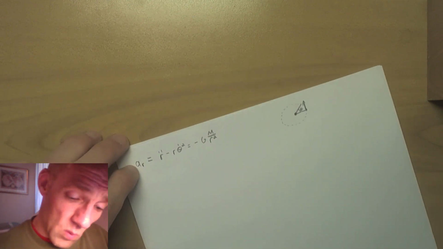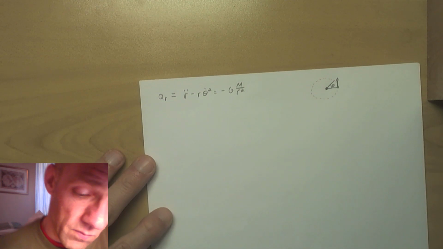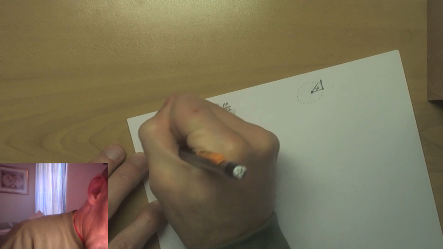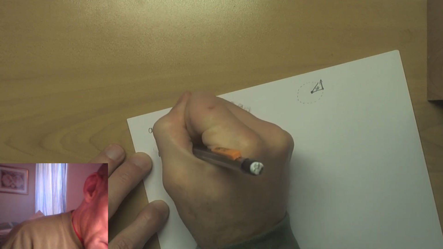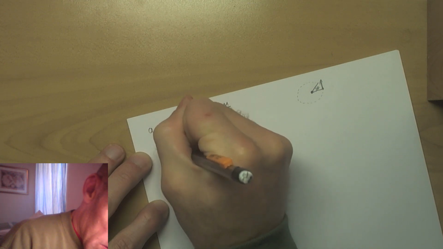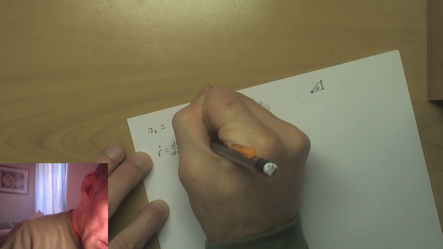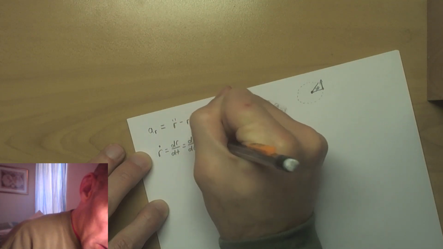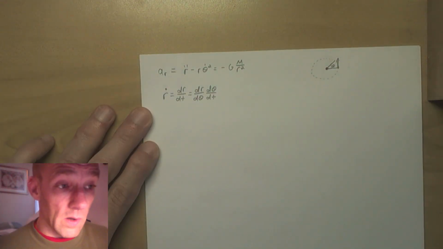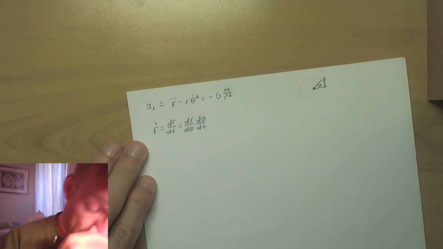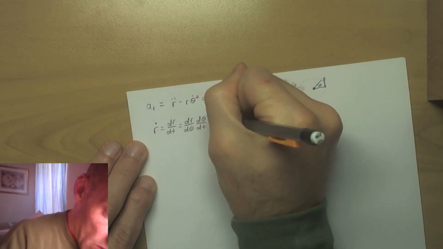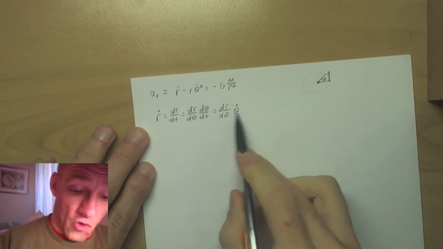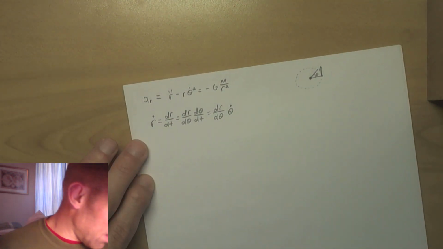So to do that, we use the chain rule, right? Okay, that should be self-explanatory. And so that's just shorthand for d theta dt.